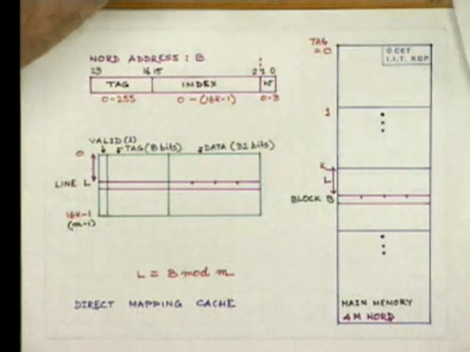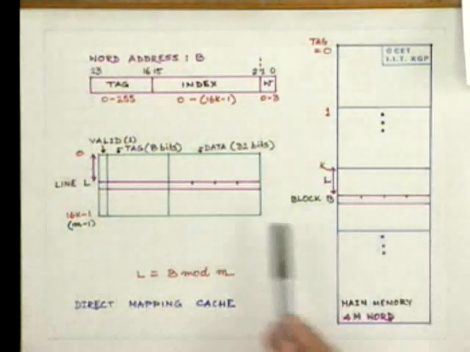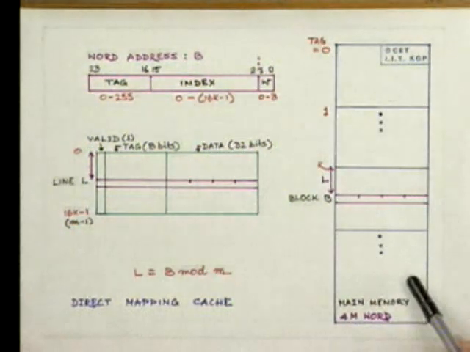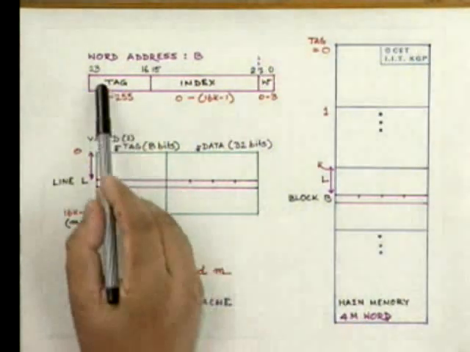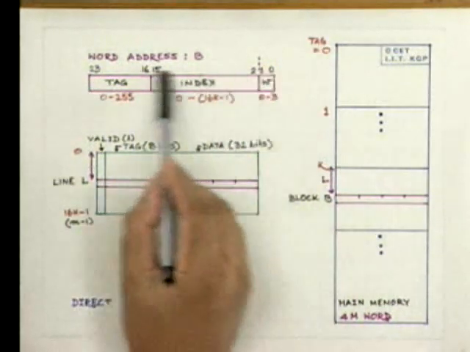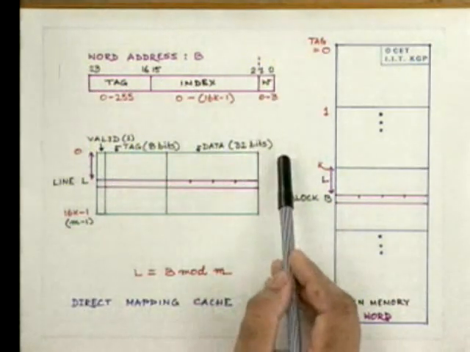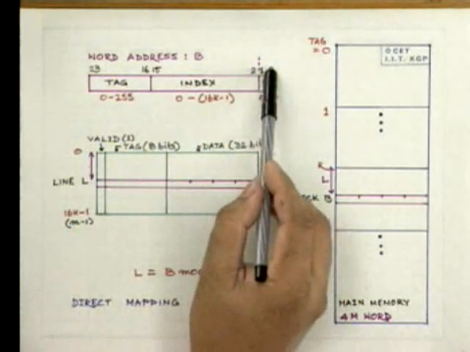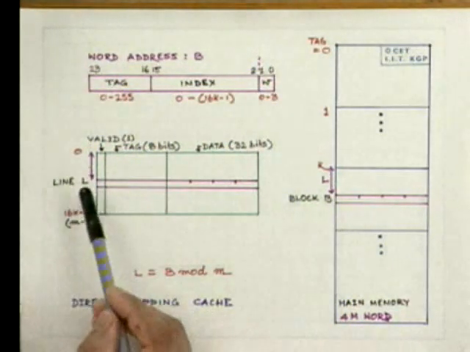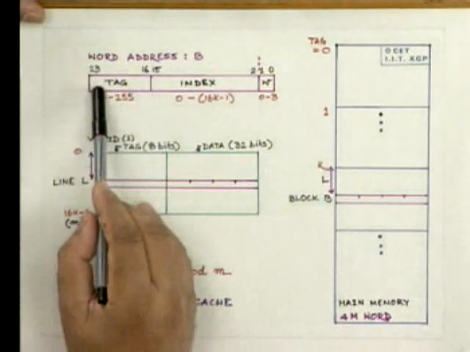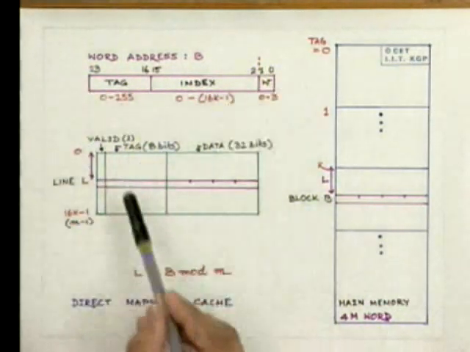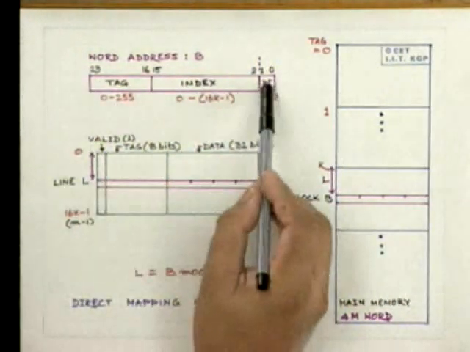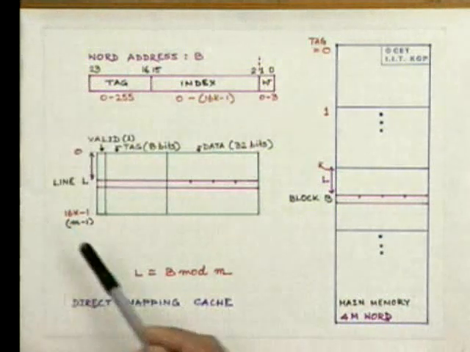Now, let's take a concrete example to show this mapping. Say we take the address of the computer to be a 24-bit address, that means from 0 to 23, which essentially means the addressing can cover 16 megabytes.